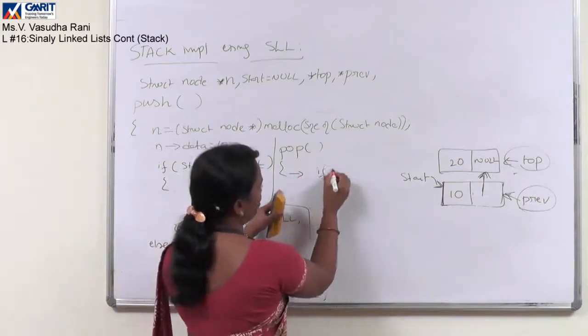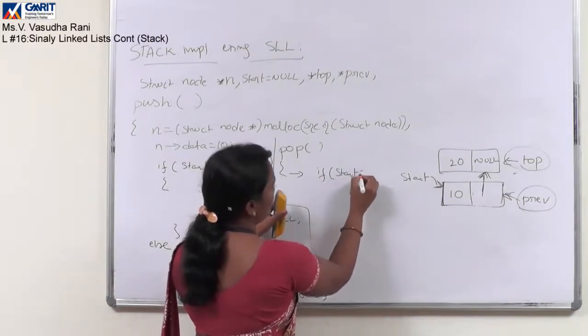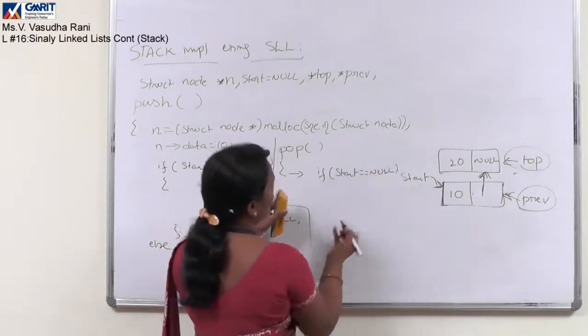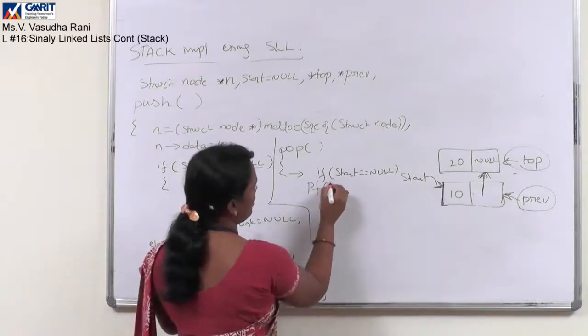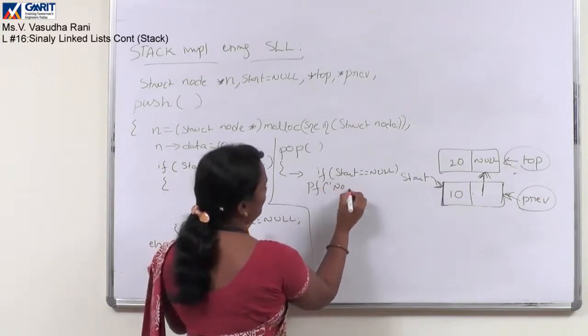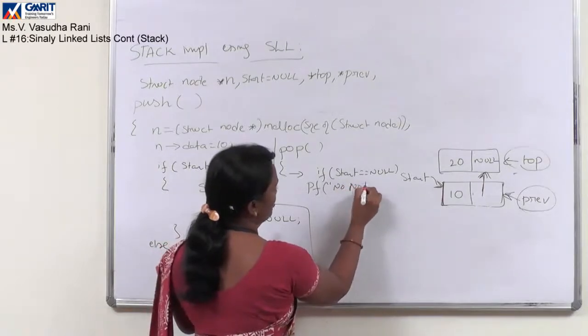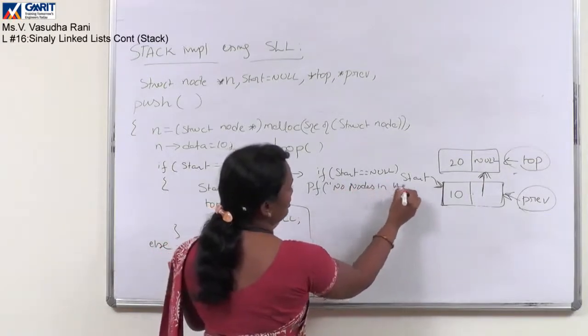But for popping we have to check whether the singly linked list is empty or not. If start is null, we can say that it is empty, so there is no possibility to pop. No elements or no nodes in the list.